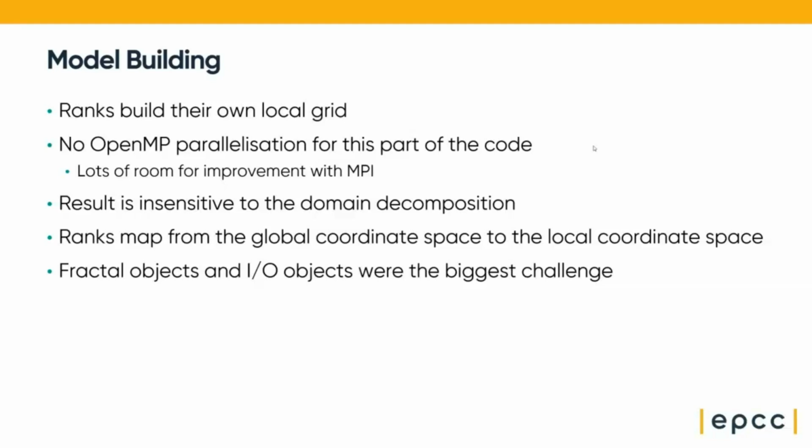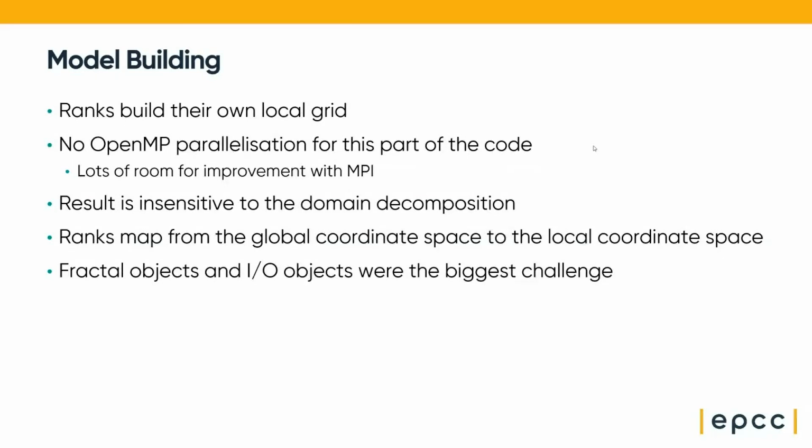The aim, and what we managed to do, was that the result is insensitive to the domain decomposition. So obviously with the same input model, you can run it with different decompositions and the result should ideally be identical, to floating point precision. In most cases it will be. There are odd cases where there are floating point errors, but it's basically the same.